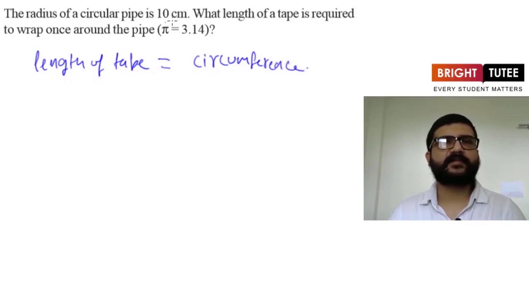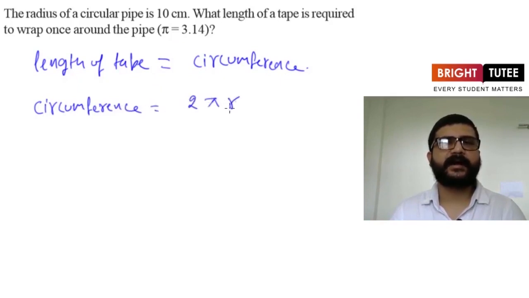Now, the radius of the circular pipe is 10 centimeters and it is given we have to use pi as 3.14. Now, can we find circumference? Yes, we can find circumference because we are having one formula for circumference and it is 2 pi r. Let's put the values here. So, it will be 2 into 3.14 into r, which is 10 centimeters. So, this will become 2 into 31.4.